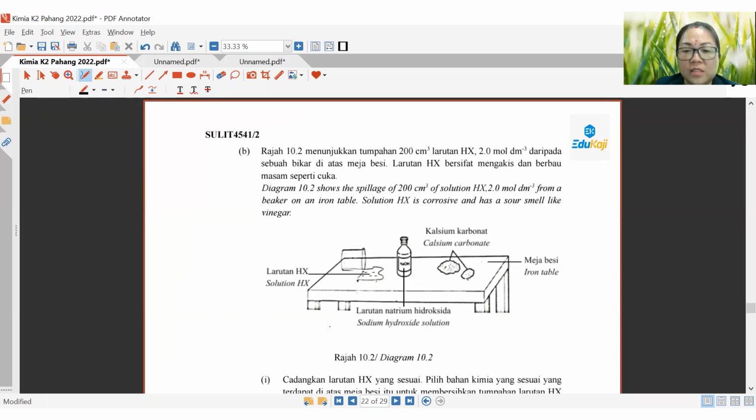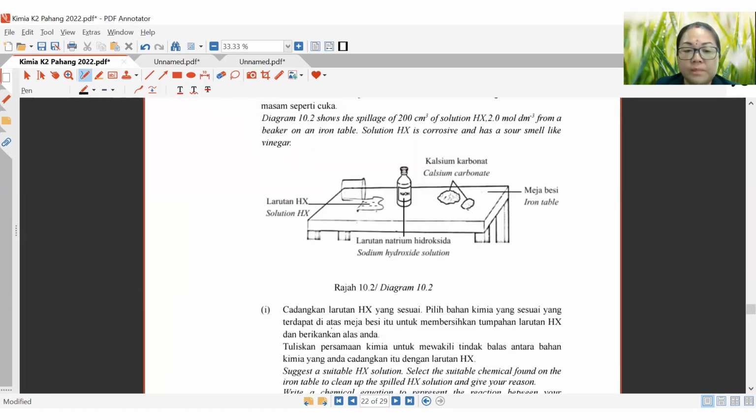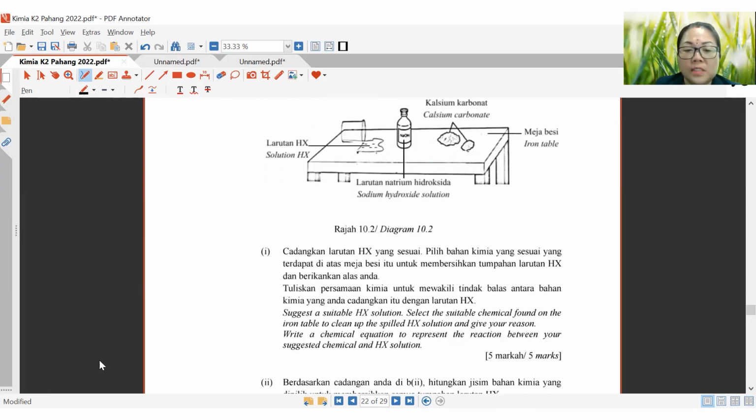Solution HX is corrosive and has a sour smell like vinegar. 1. Suggest a suitable HX solution. Select the suitable chemical found on the iron table to clean up the spillage of HX solution and give your reason. Write a chemical equation to represent the reaction between your suggested chemical and HX solution. So this is a 5 marks question.